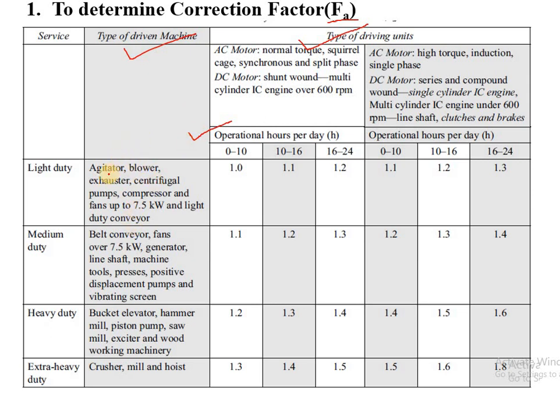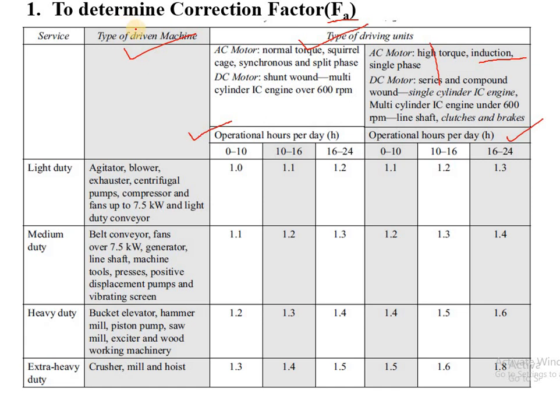So what is your driving unit? Driving unit is induction motor, induction AC motor. Operational hour is 24. Now actually induction motor is in this column, so we have to refer to this column, and operational hour is 24, so we have to refer to this column.